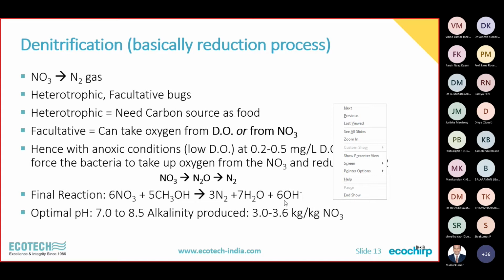Therefore you can see during the nitrification stage there is consumption of alkalinity. During the denitrification stage there is a release, or the alkalinity is put back into the wastewater, and that is the reason why we don't need such high levels of alkalinity present in the wastewater.